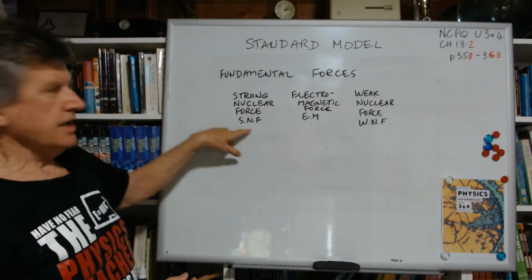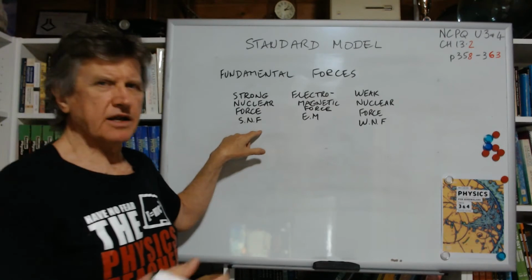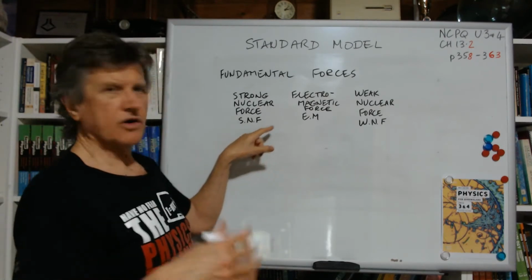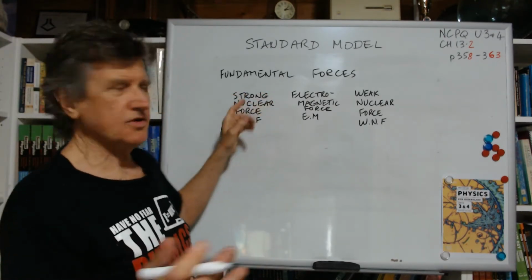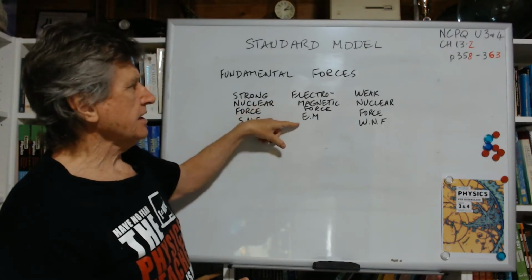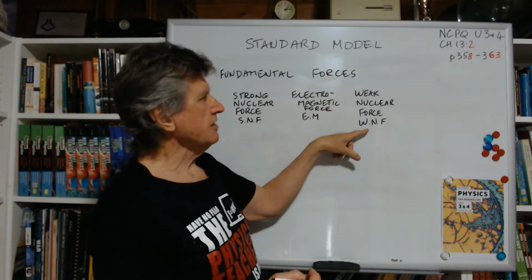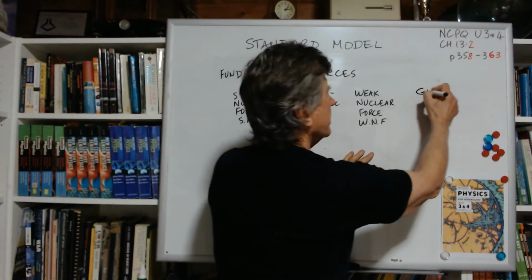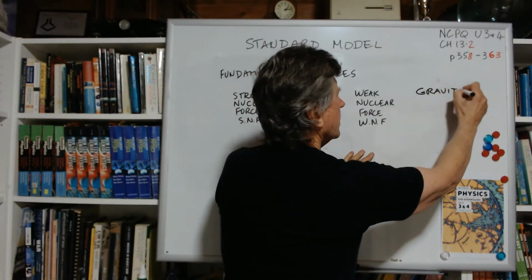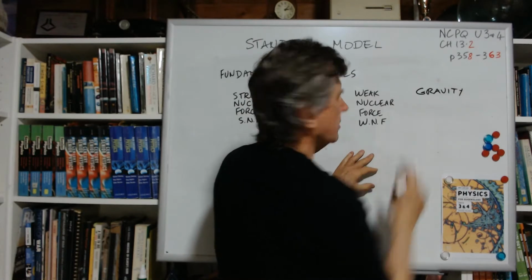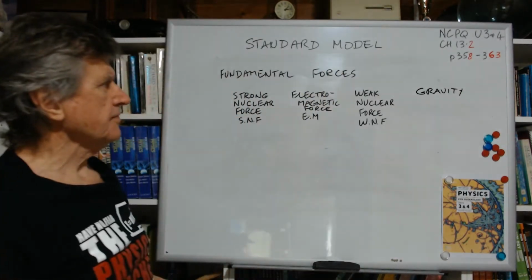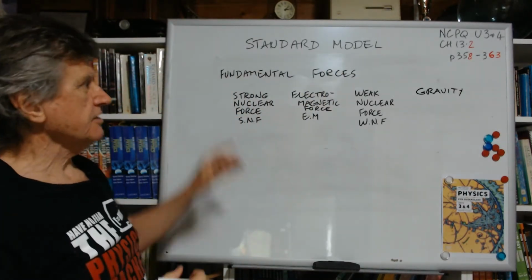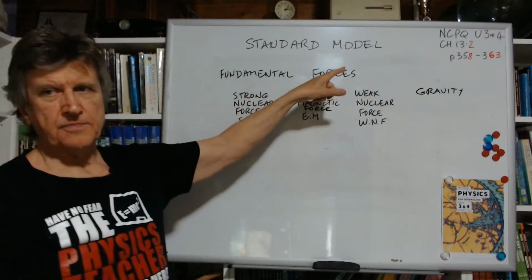Strong nuclear force, SNF. I'm just abbreviating that. You certainly wouldn't when you're writing it in an exam. Electromagnetic force, EM. Weak nuclear force, WNF. And the last one is gravity. I don't need to give a symbol for that. So they're the four forces, the four fundamental forces.